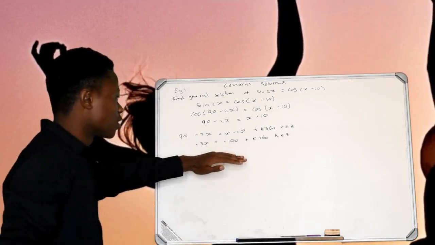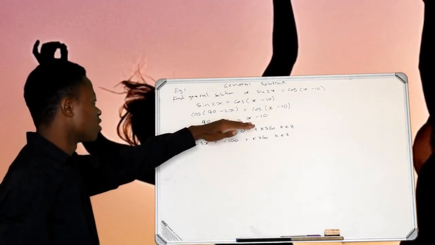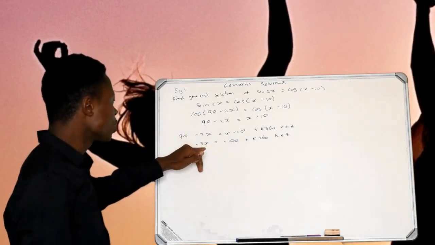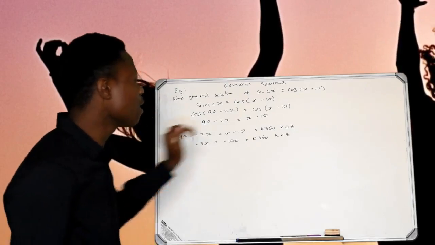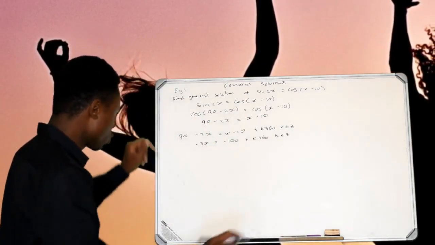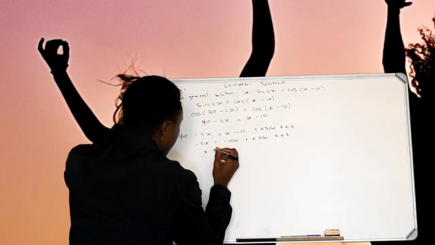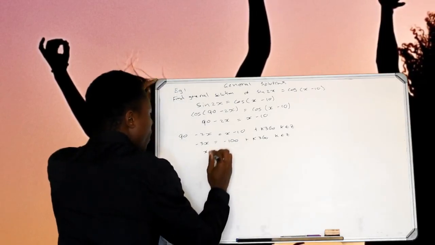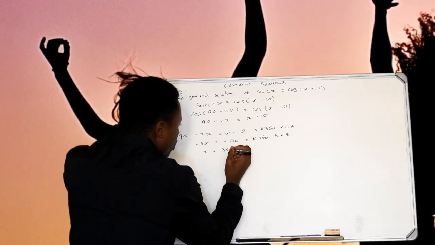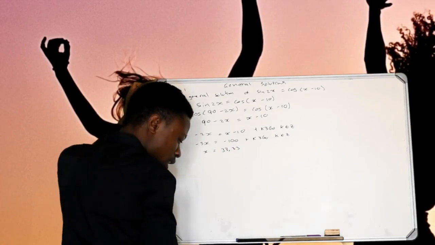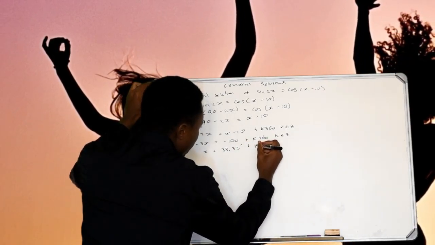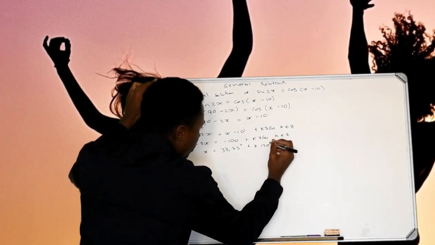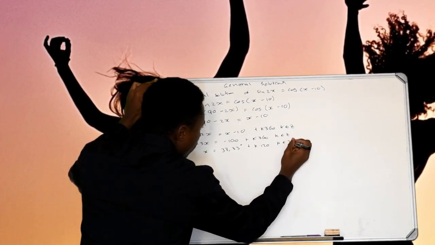So now I have this. This is exactly why we didn't solve this earlier, because when we're dividing by 3, we do not just divide the 100. We divide everything by 3. So x is equal to negative 100 divided by negative 3, which gives me 33.33 degrees, plus k120, k is an element of z.